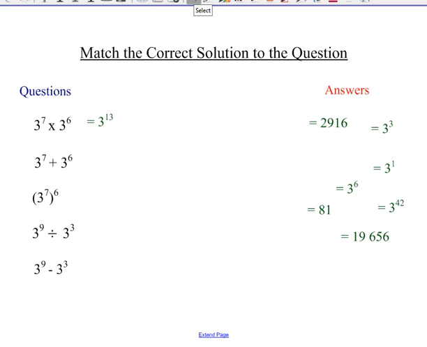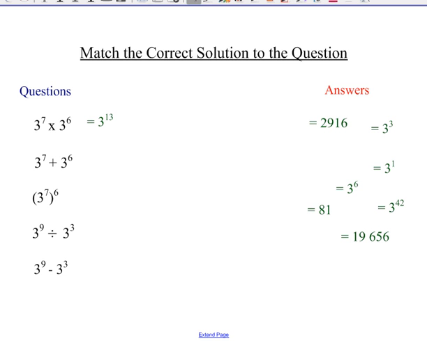The next one is a tricky one. There is no exponent rule for adding. So I sometimes call this the Nike rule. The reason I call it the Nike rule is the slogan of Nike is just do it. So in this situation, what you really have to do is follow BEDMAS and figure out what each part is individually.